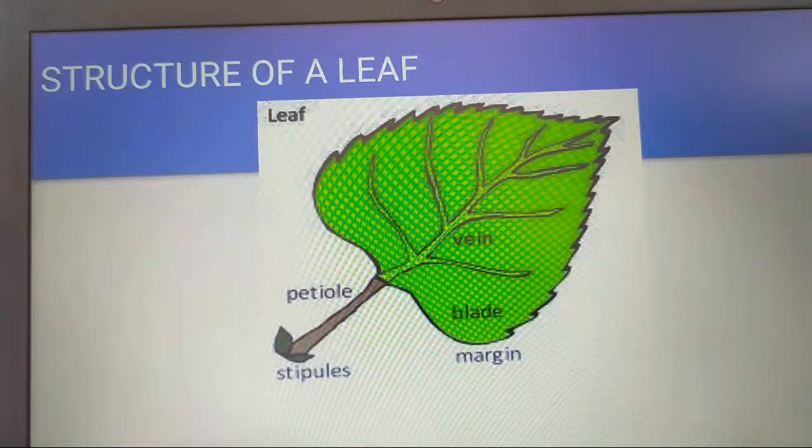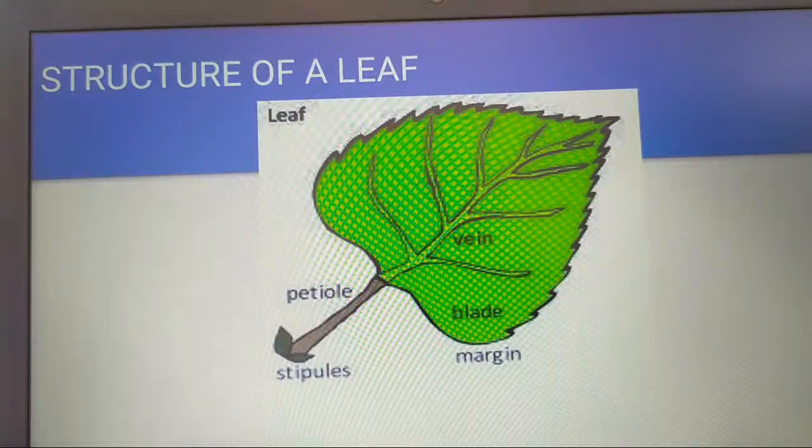Let us revise what we have discussed about the parts of a leaf. A leaf is made up of different parts. The leaf blade is the flat and broad part of the leaf, which is thin and green in color. The leaf blade is attached to the stem of the plant through a tiny stalk, which is called petiole.